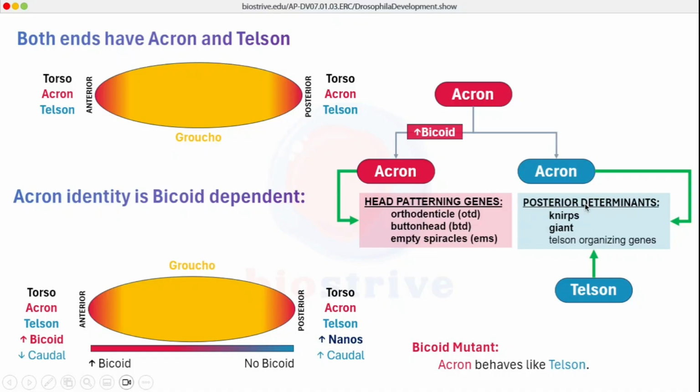It will give posterior determinant genes like NRIPS, giant, and Telson organizing genes, and give rise to abdominal segments. That is the most important concept: Akron will behave like Akron only in the presence of high Bicoid concentration. If we remove Bicoid from the anterior end, Akron will start behaving like Telson.